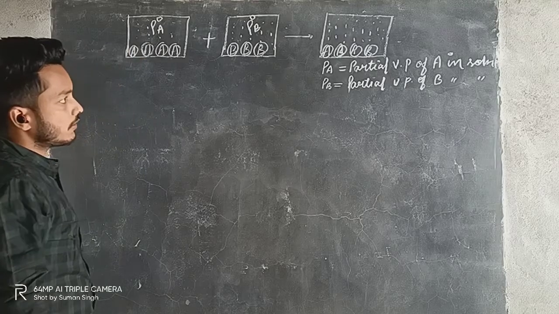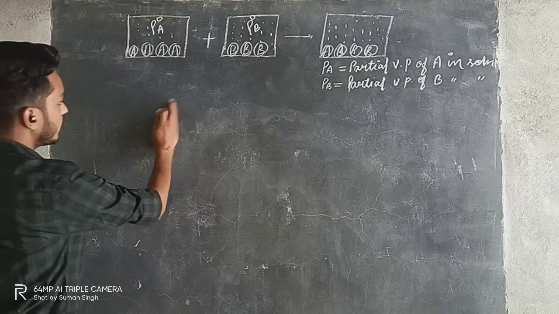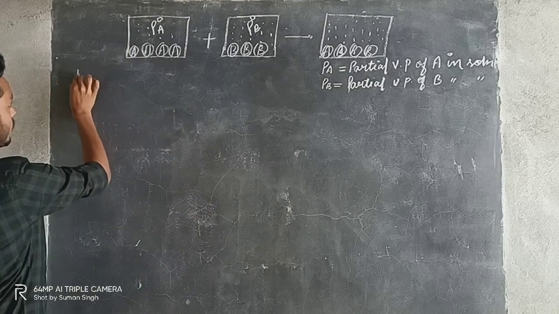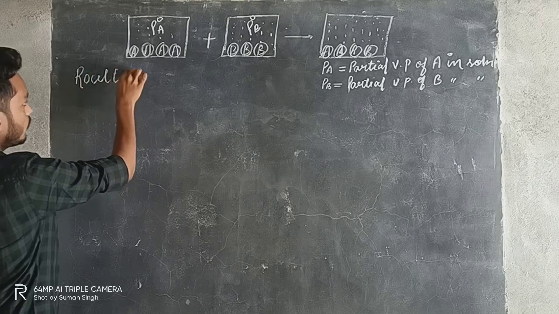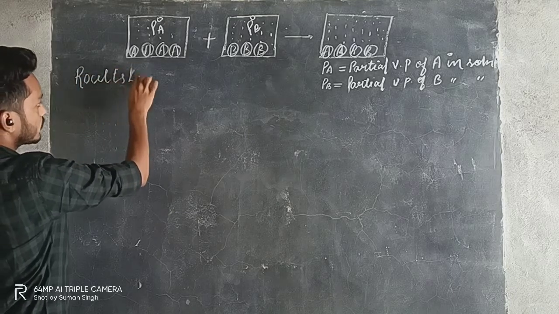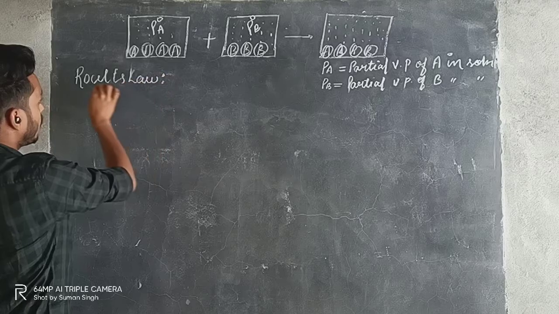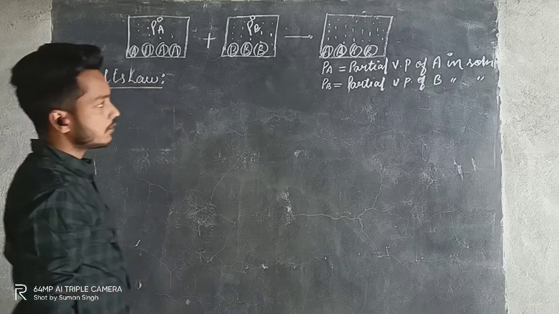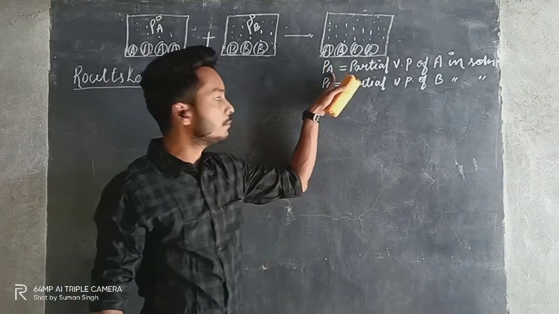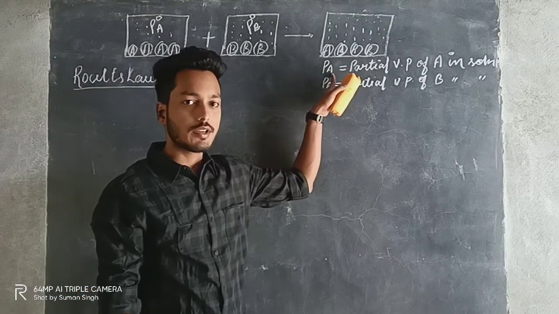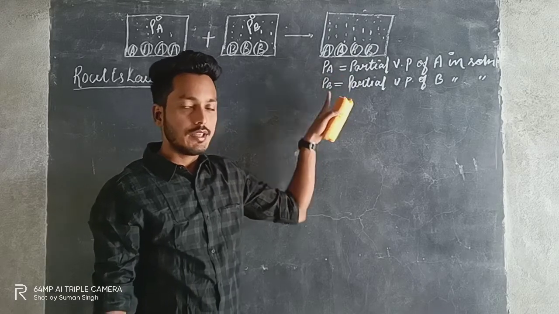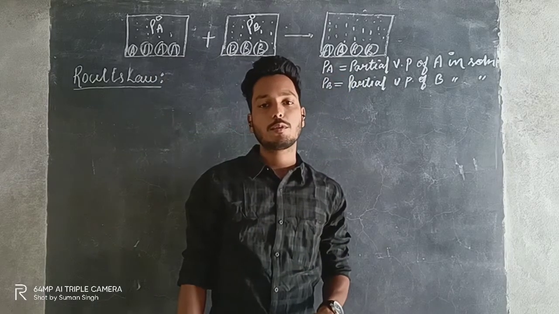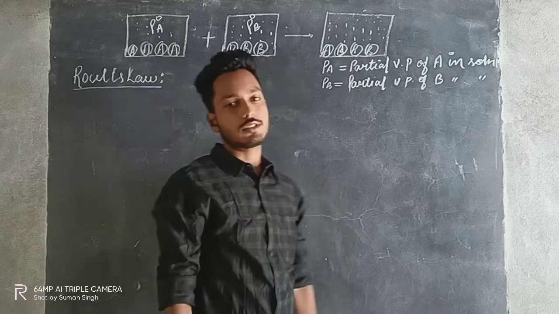After that, one scientist was there, Raoult. In his law, which is called Raoult's law, he said that the partial pressure of A and the partial pressure of B will be directly proportional to their mole fractions.